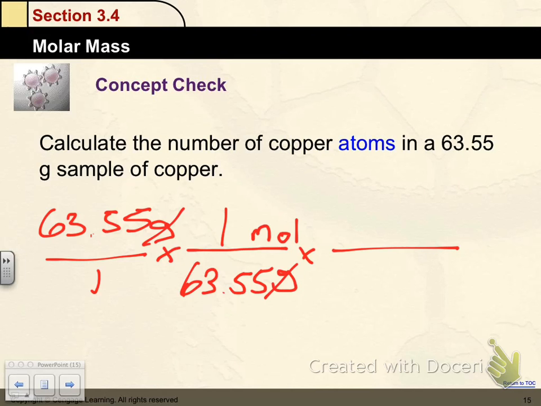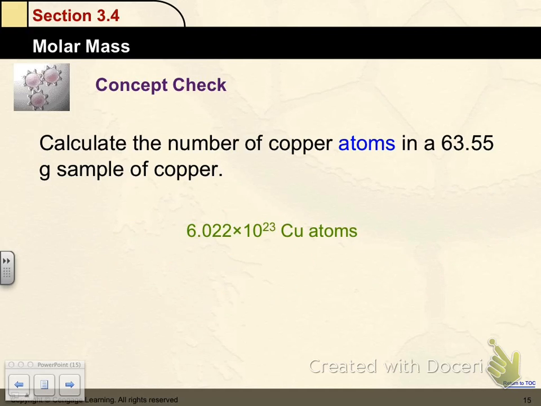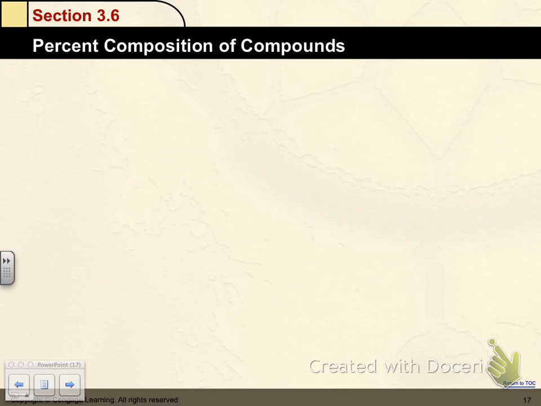Grams will cancel out, and if you do your math right, the number would cancel out as well. And then we have Avogadro's number here on top, 6.022 times 10 to the 23rd atoms for 1 mole. Moles cancels out. So your answer then is, in fact, Avogadro's number, 6.022 times 10 to the 23rd copper atoms.